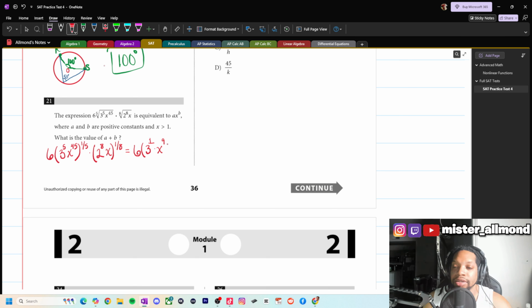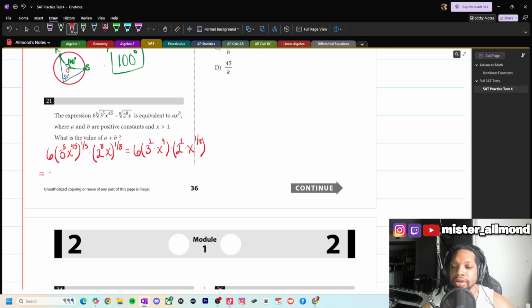What is that, 9? Because 5 times 8 is 40, 5 times 9 is 45. And then that is being multiplied by 2 to the power of 8 times 1/8, which is just 1, and then this is x to the 1/8.